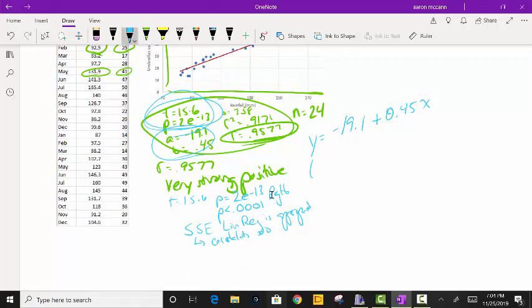So in terms of this, umbrellas sold predicted is negative 19.1 plus 0.45 times rainfall measured in millimeters. The interpretation of that is, if we have 0 rainfall in any given month, the business should be expected to sell negative 19 umbrellas.